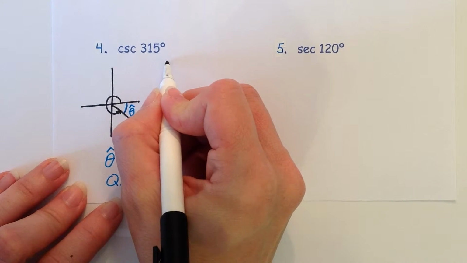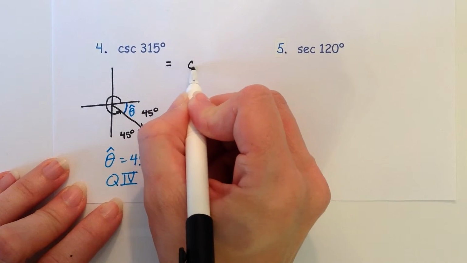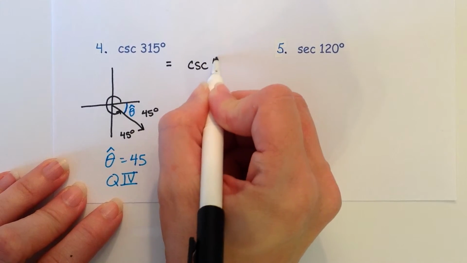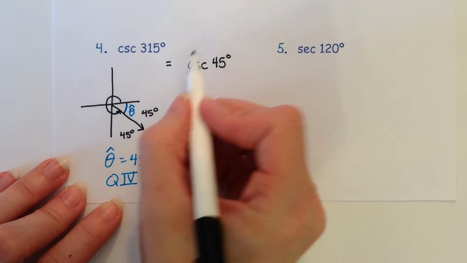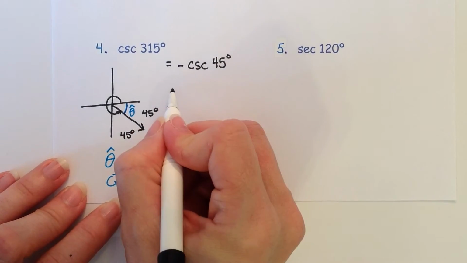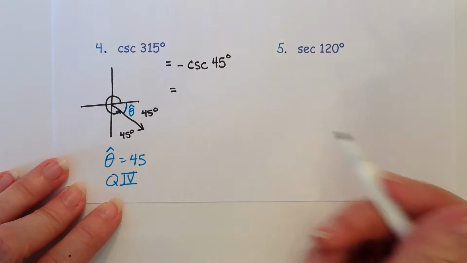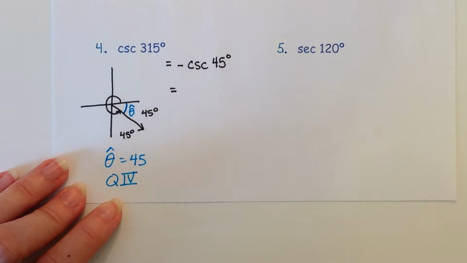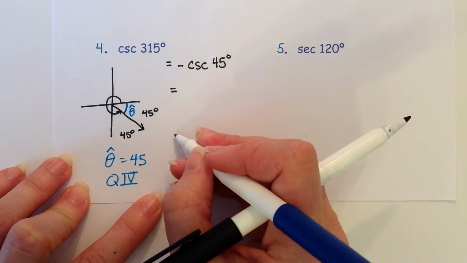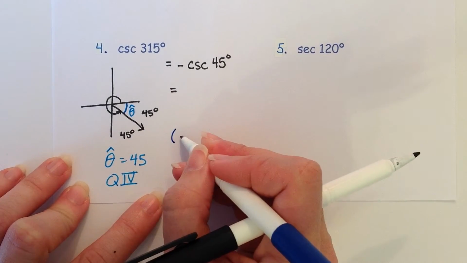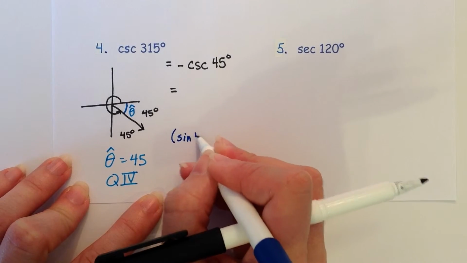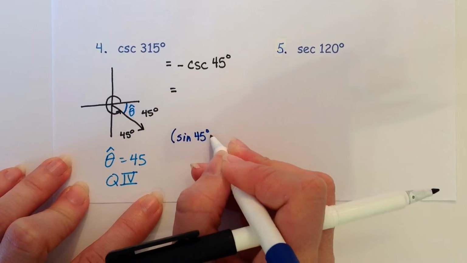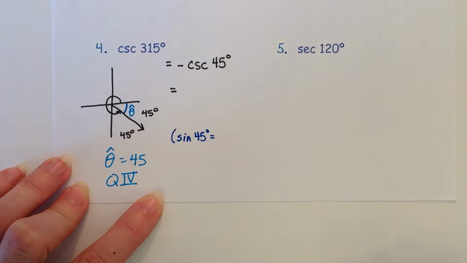Okay, so I could rewrite this as cosecant of 45 degrees. Now, cosecant in the fourth quadrant is negative. Now, the table of values that you memorized only has sine, cosine, and tangent. So just here in parentheses, what you're going to recall is sine 45, since sine is the reciprocal of cosecant.